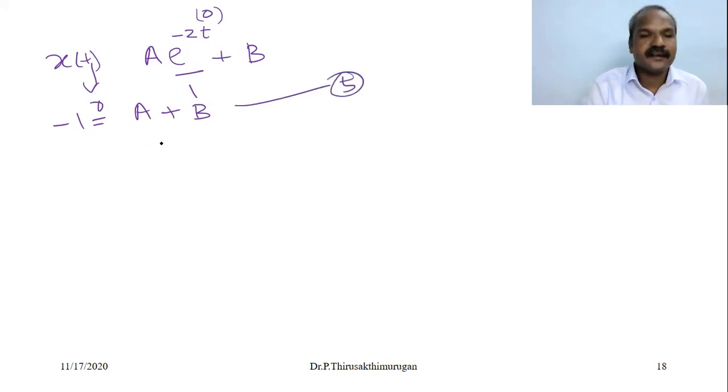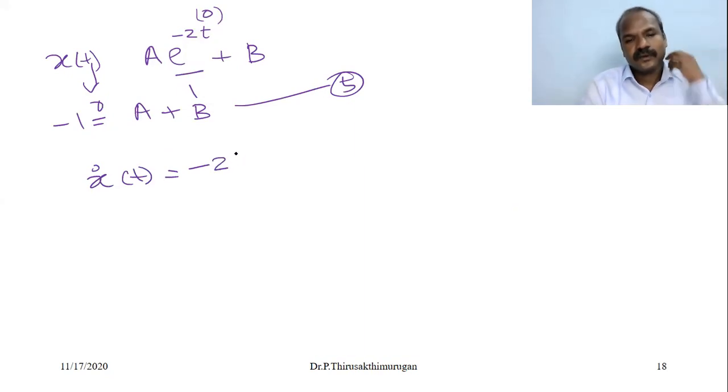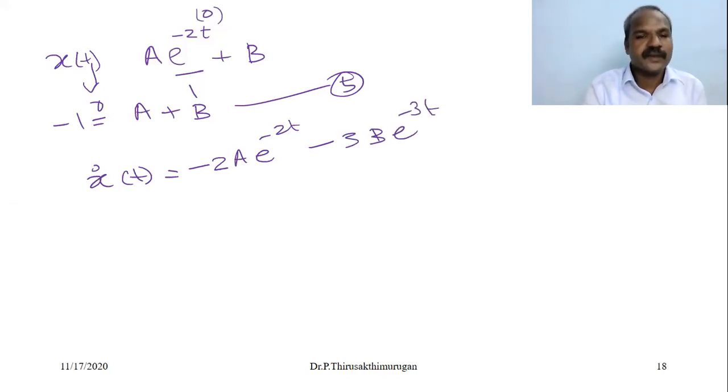Then differentiate this expression. x dot of t equals minus 2A e power minus 2t minus 3B e power minus 3t, equal to 0.